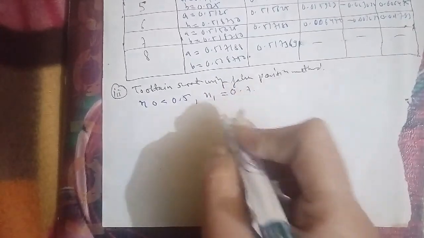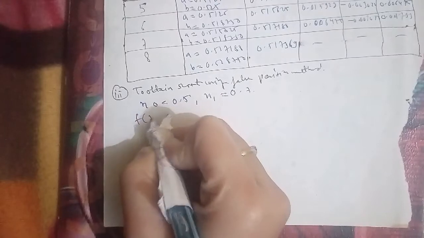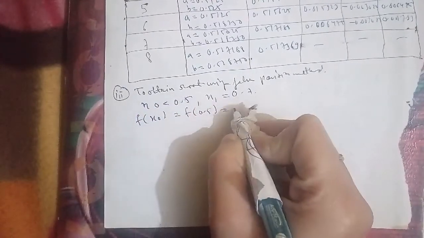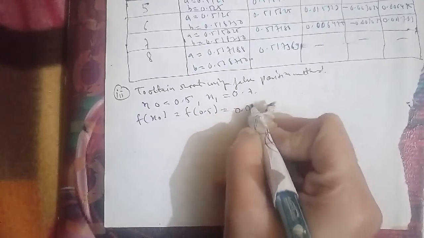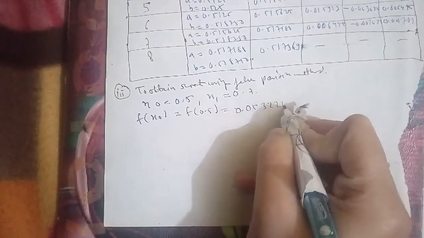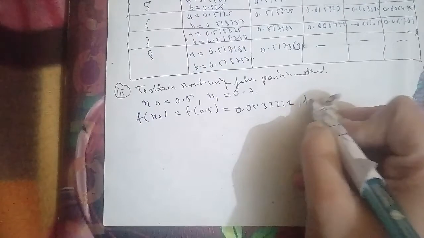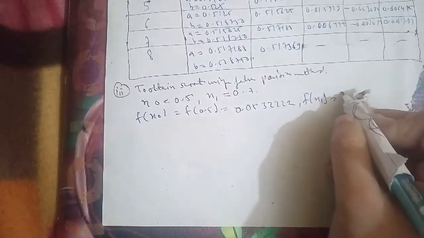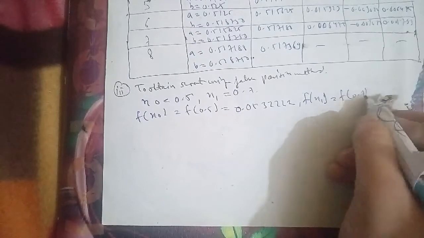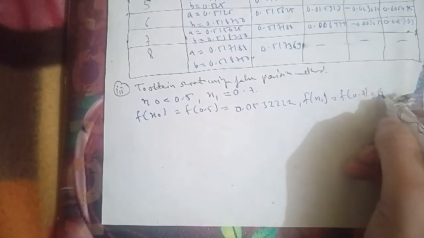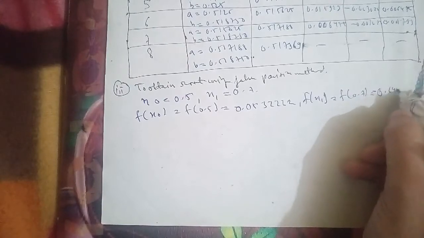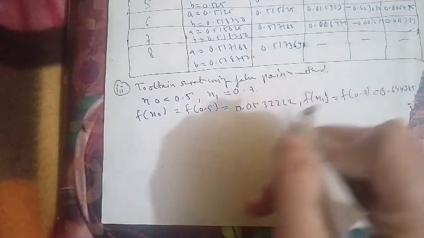So f(x0) equals f(0.5) equals 0.5322, and f(x1) equals f(0.7), which equals minus 0.644785. So we'll go ahead for iteration 1.